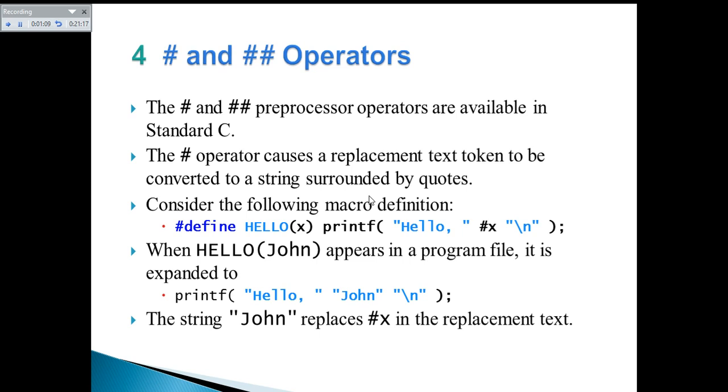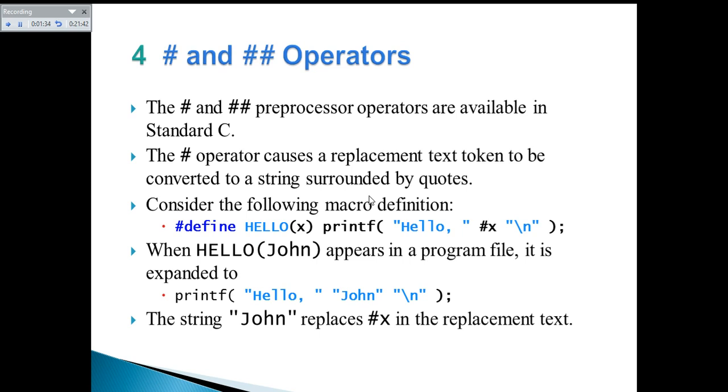So the # operator causes a replacement text token to be converted to a string surrounded by quotes. Let's see once again the example. #define HELLO(x) printf("Hello, " #x. So this #x will now be replaced by the parameter that is being passed to the macro HELLO(John).